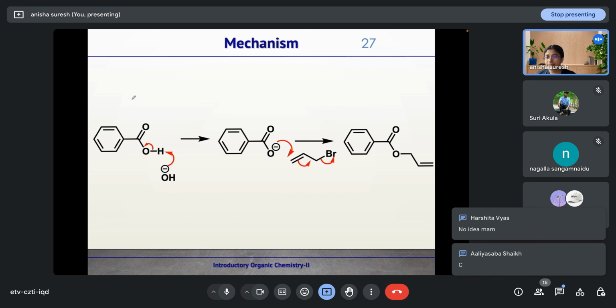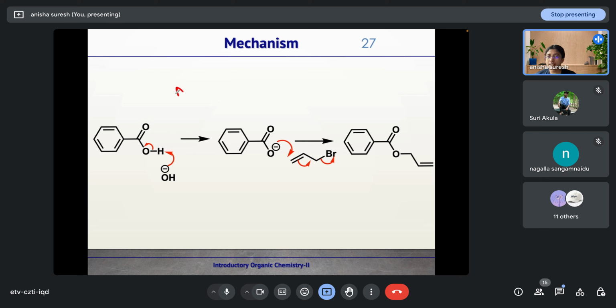So we have this acid and the acidic proton here is the proton present on the acid. AgOH will have OH minus. It will abstract this proton and we will get this carboxylate, and this carboxylate can attack this allyl bromide in this fashion, leaving Br minus, which is a better leaving group, and we will get this ester. Clear?